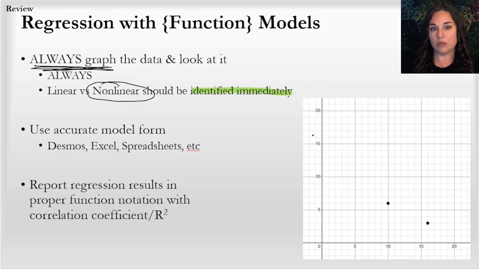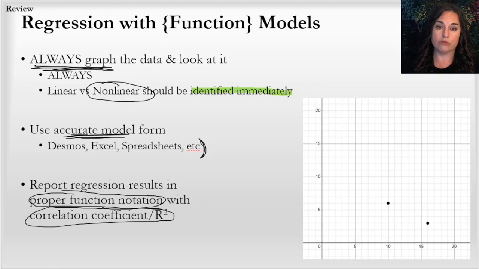Any model can be defined by 2 points as long as you have the general form of that model. So we're using the accurate form of the model. We're using some sort of statistical program that we can graph and get that regression equation out. We're going to report it in proper function notation, and we're going to include our correlation coefficient, or our R squared. All right.